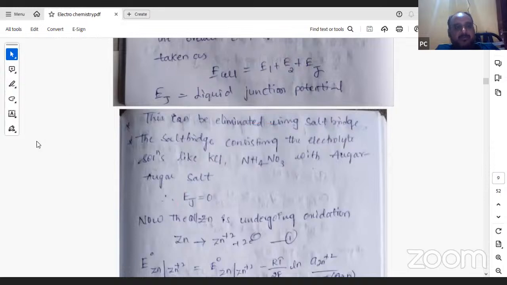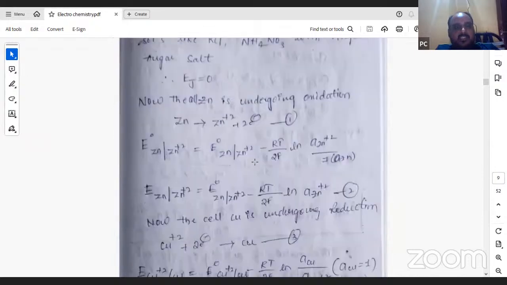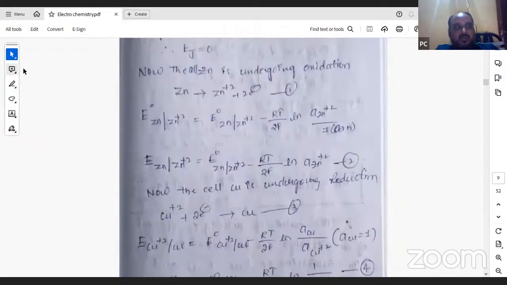So now EJ will be 0. Then two electrodes will be there, one is zinc, the other is copper, right? We said that the reduction potential of copper will be more.